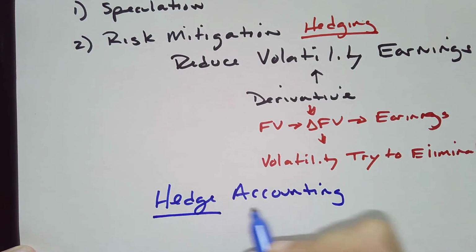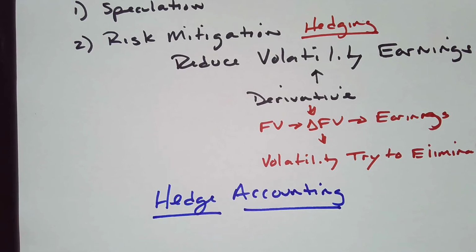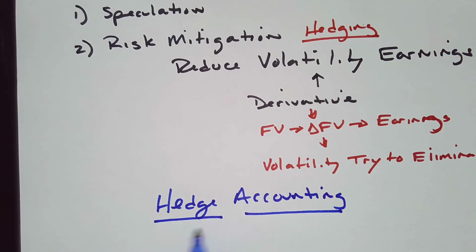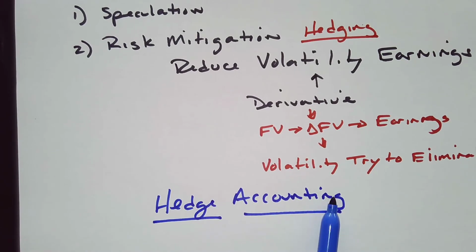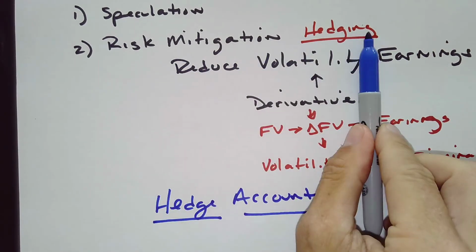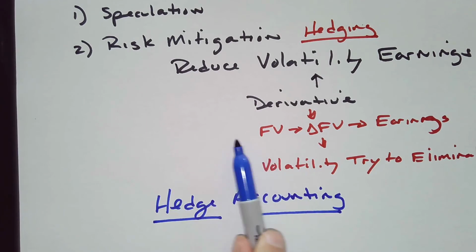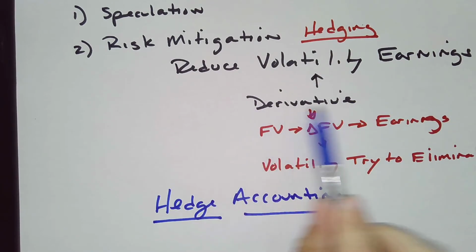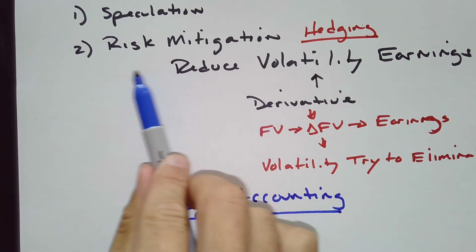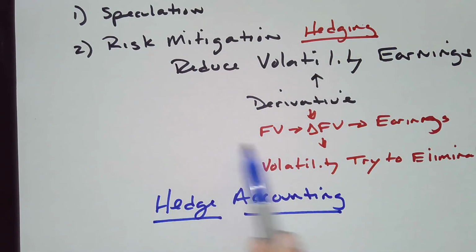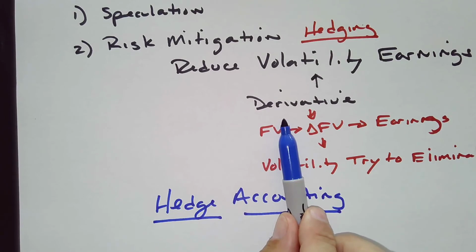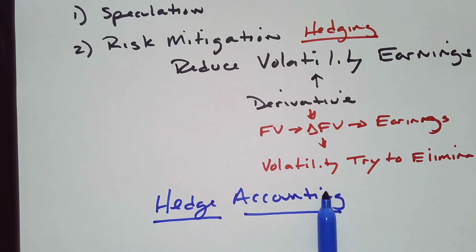It is a special accounting that you have to qualify for, and it's not necessarily easy to qualify for it. So you can always do hedging, but you have the ramifications of volatility in earnings due to the derivative. You're reducing other volatility, but you are incurring the derivative volatility unless you qualify for hedge accounting.